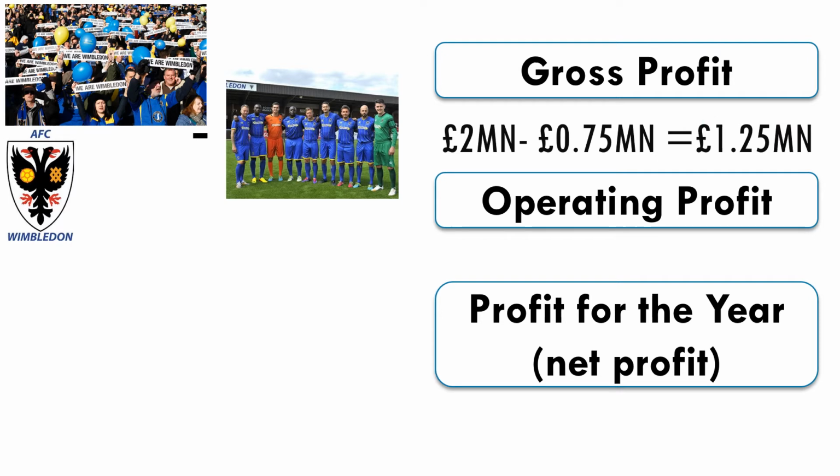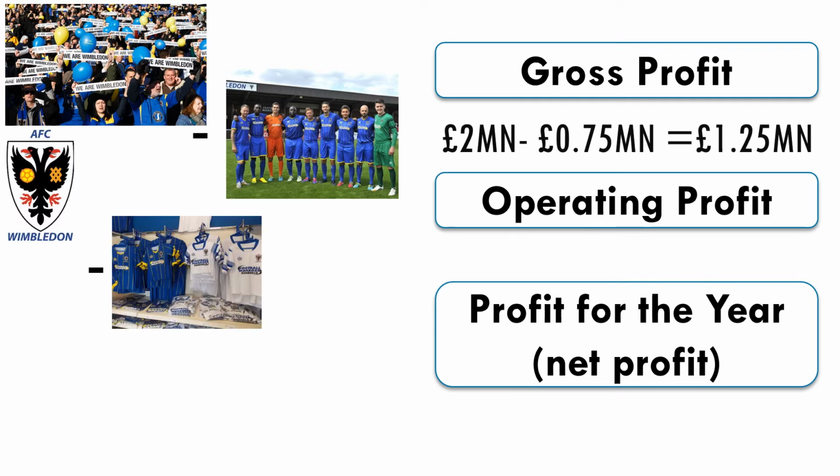Now, a football club might well have some other costs, perhaps some staff who work in the shop selling merchandise. There might be a number of indirect costs that the business pays out. These are not the direct costs of providing the service, but there are other costs that the business would have to pay out in order to function.